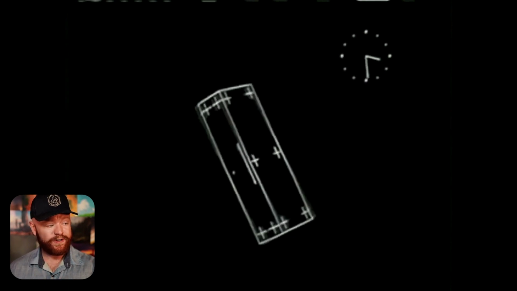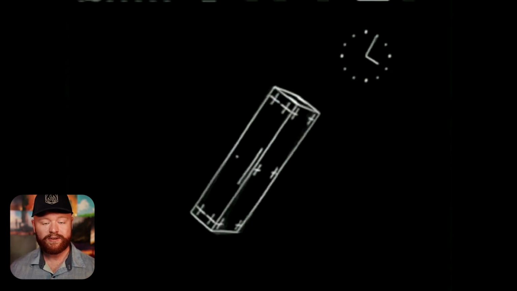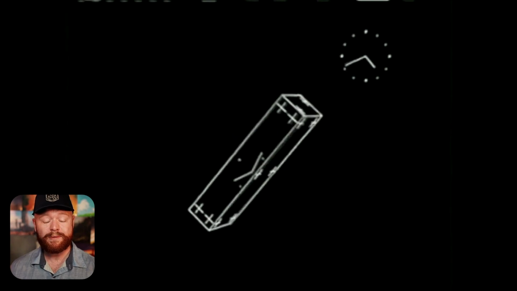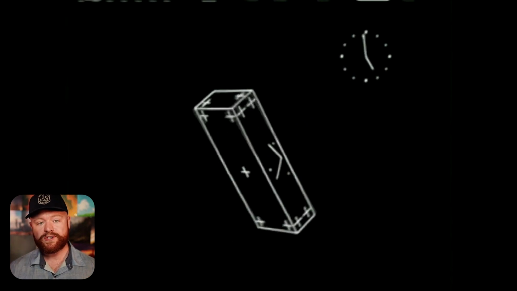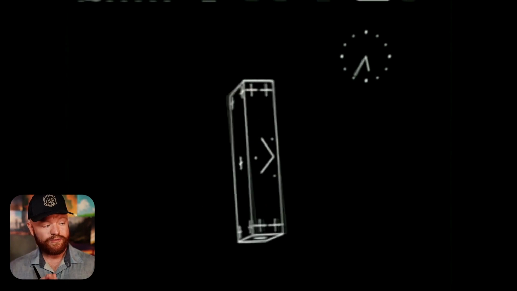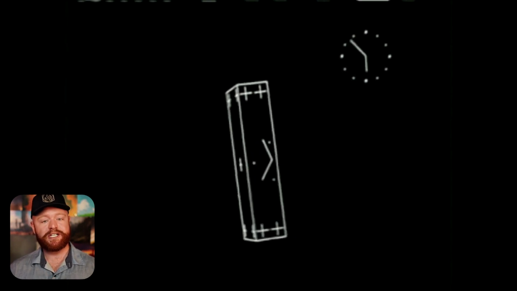This is one of the first examples of creating that 3D illusion with the usage of lines and with the usage of programming computers in order to draw out these pictures for us. This is one of the first examples of CGI.